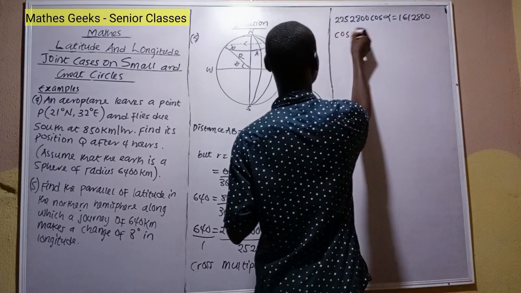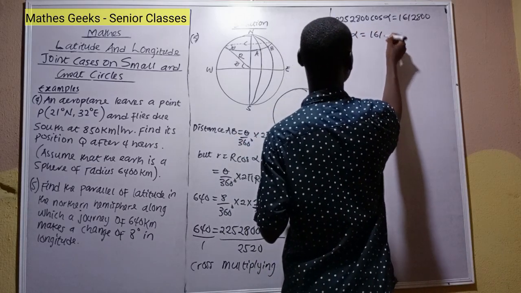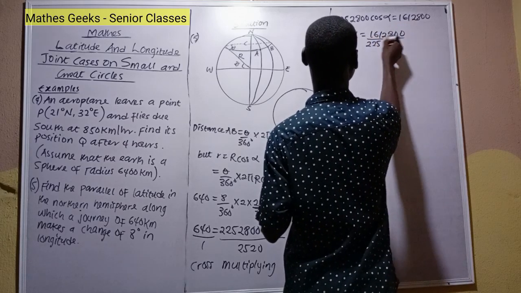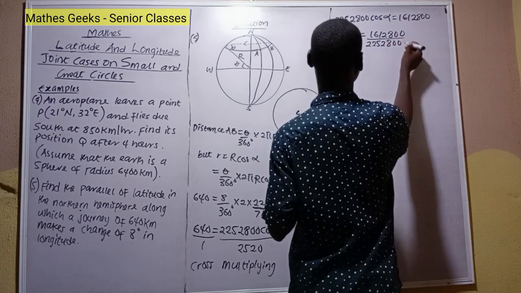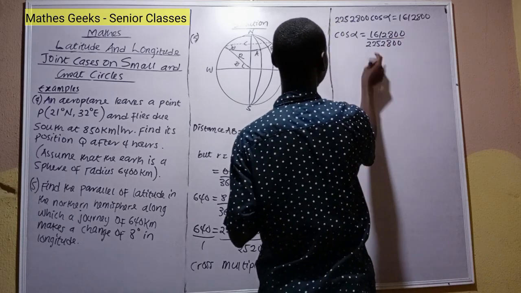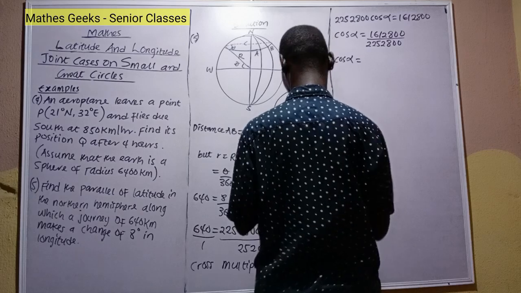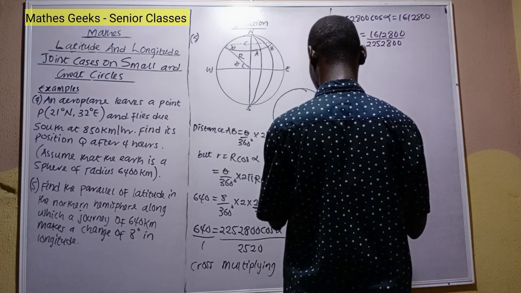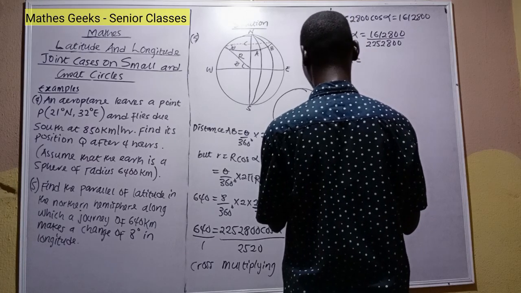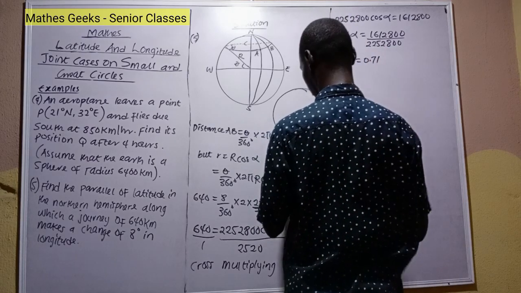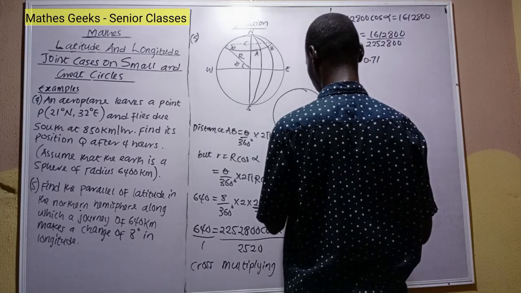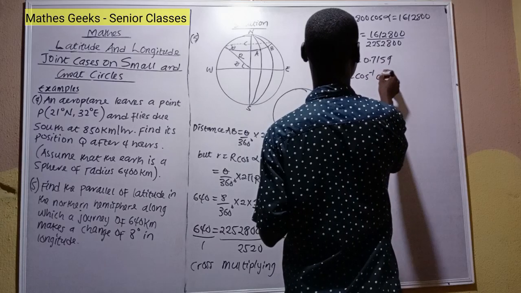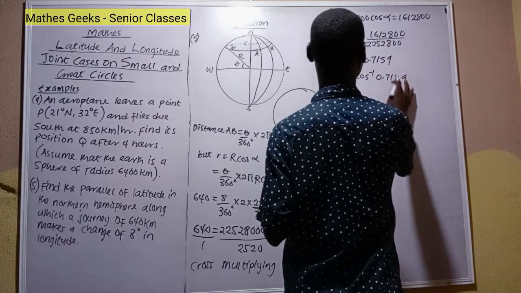So cos alpha is equal to 1612800 over 2252800, which is 0.7159. So alpha is equal to arc cos 0.7159.